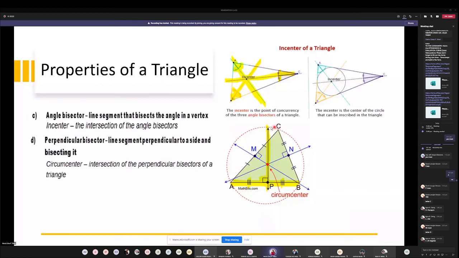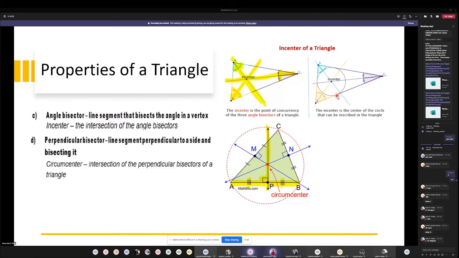The circumcenter is the center of the circumscribing circle, and the incenter is the center of the circle drawn inside the triangle. There are three common points for the circle and the sides. There's one common point here, another here, and another here.